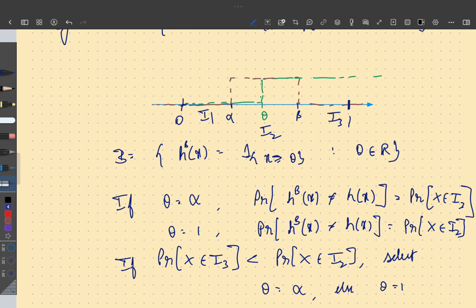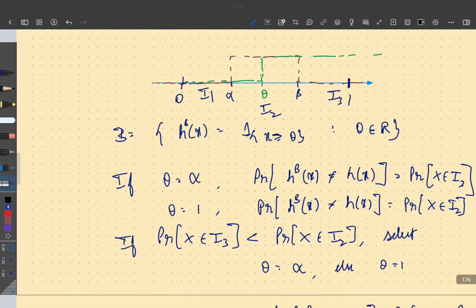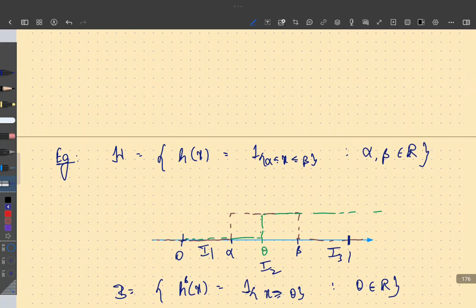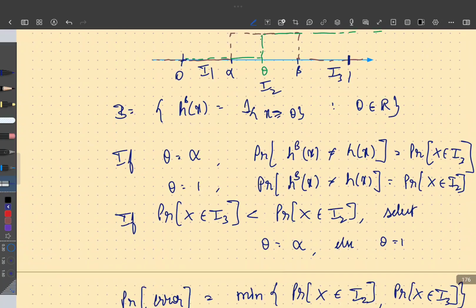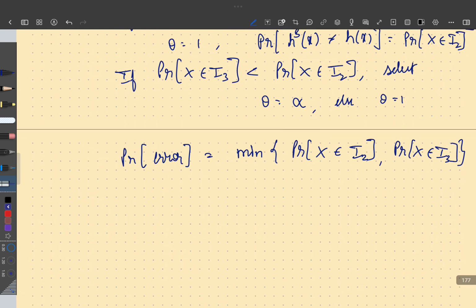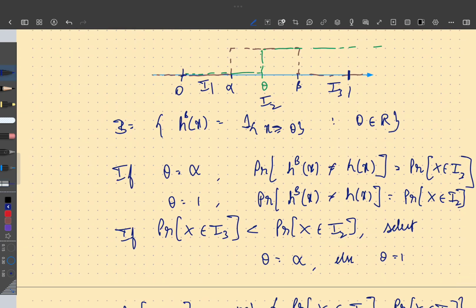But let's suppose that I make one more tweak. Let me add the following collection of functions, x less than or equal to theta as well.